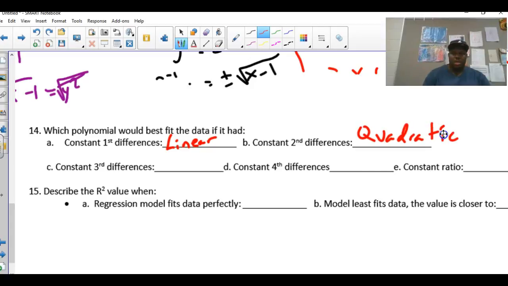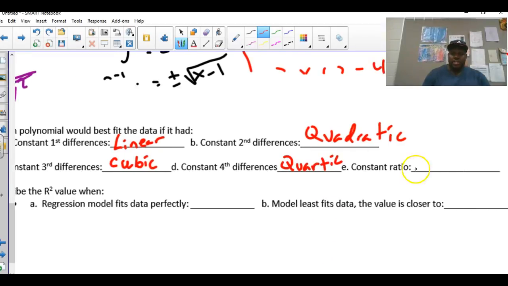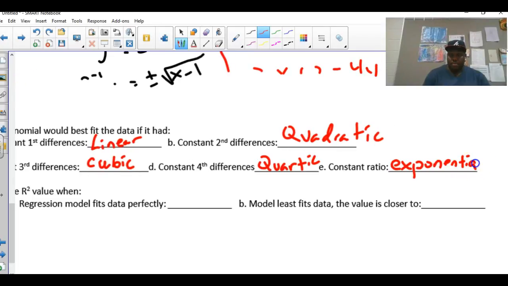A third difference is cubic. A fourth difference is quartic. And a constant ratio is exponential.